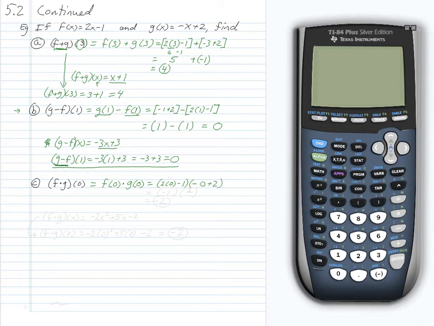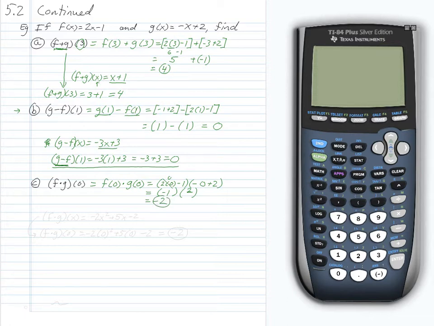It's a little weird looking, but 2 times 0 is 0. So 0 minus 1. And we're multiplying that by negative 0 plus 2. I think that's going to be positive 2. So negative 1 times positive 2 gives us negative 2.